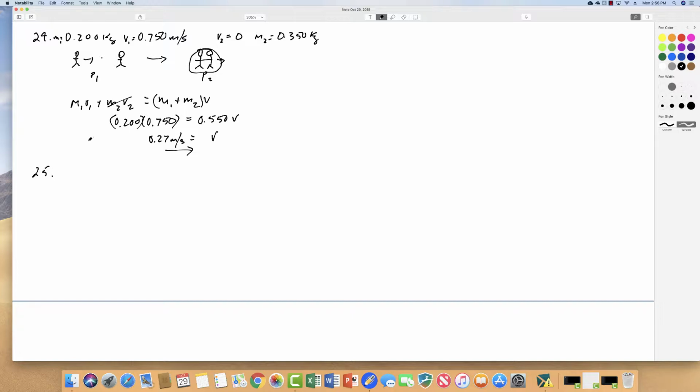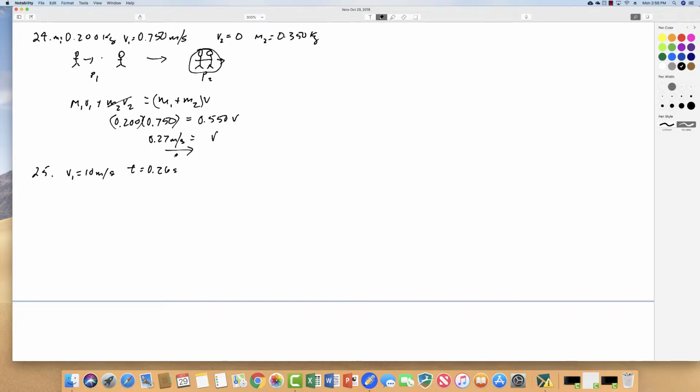Number 25 is similar. It says, consider the following question. A car is moving at 10 meters per second. So let's write down that. We know 10 meters per second. It crashes into a tree and stops in 0.26 seconds. Calculate the force exerted on it by the seat.